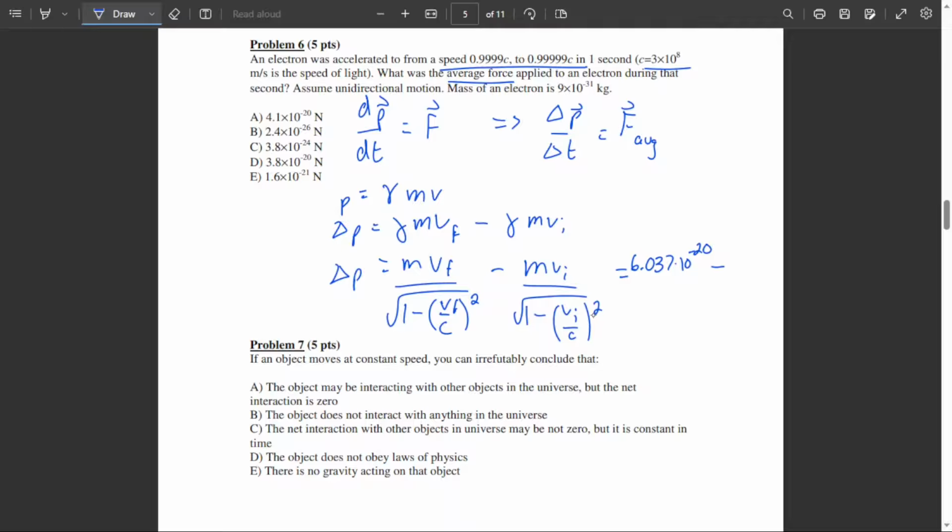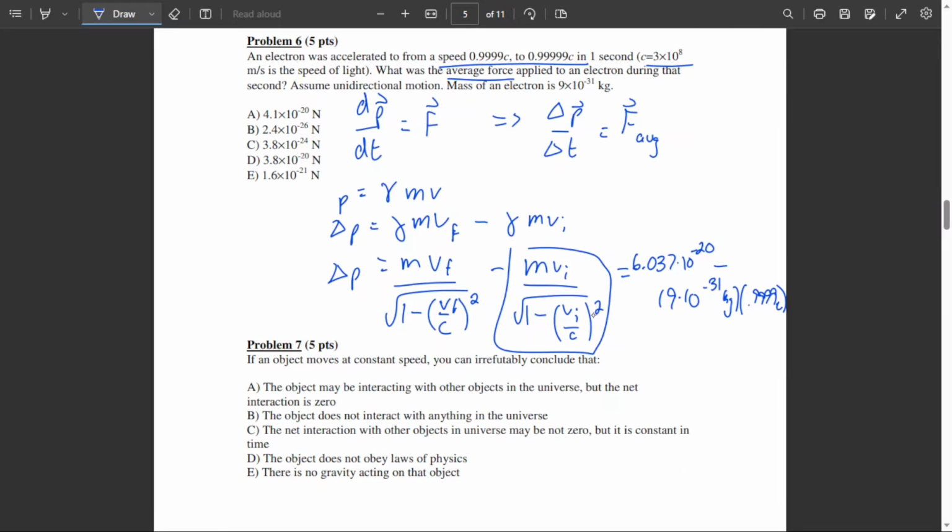So from the number we just calculated, we subtract the second half of our expression. That's 9 times 10 to the minus 31 kilograms times 0.9999 c, just one less c, because this is the initial velocity, all over the square root of 1 minus 0.9999 c over c squared.